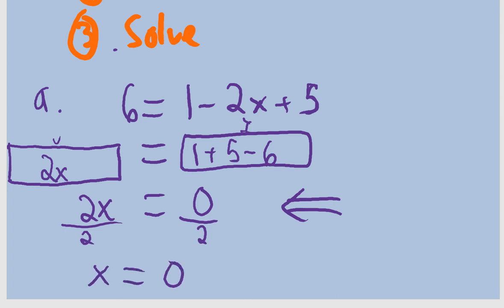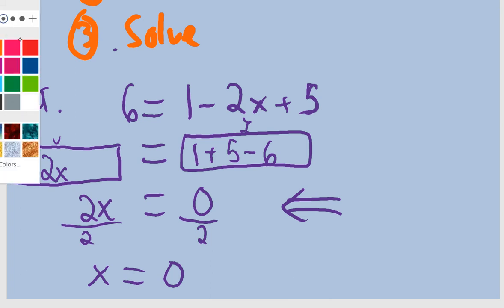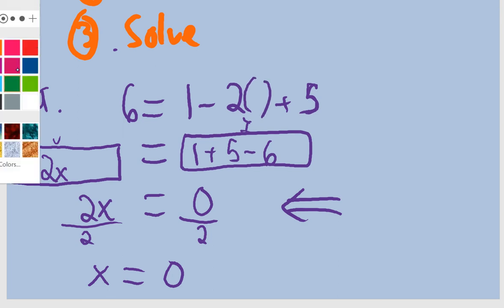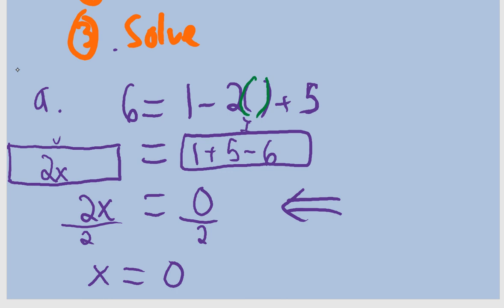So that means that if I were to put a 0 in here for my x, if I were to erase this x, and if I were to put a 0, change colors here. If I put a 0 right there, I'd get 1 minus 2 times 0 plus 5. Well, I'm going to write it over here.